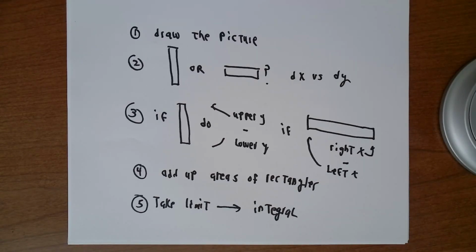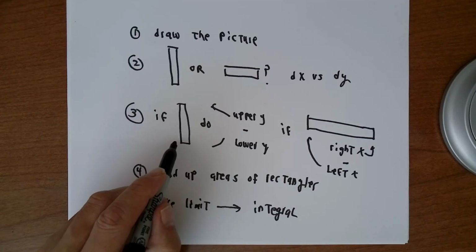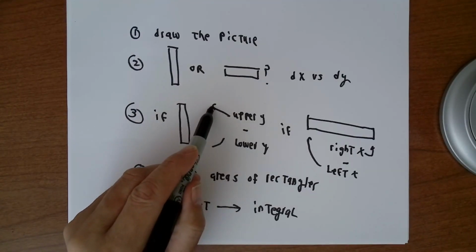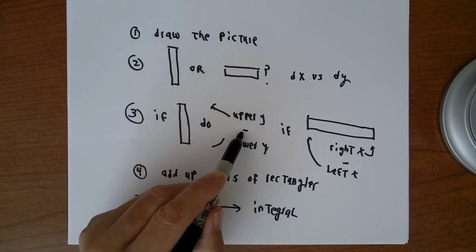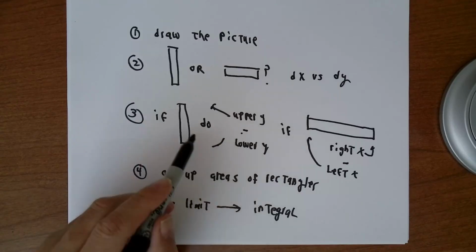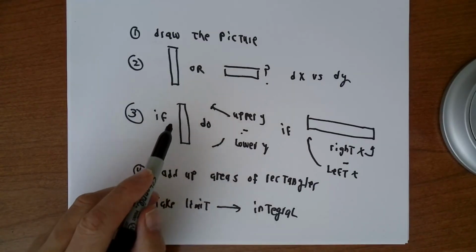If it's like this, figure out the upper y number in terms of x and subtract the lower y number in terms of x. That'll give you some height that depends on x. You'll multiply it later by delta x_i.